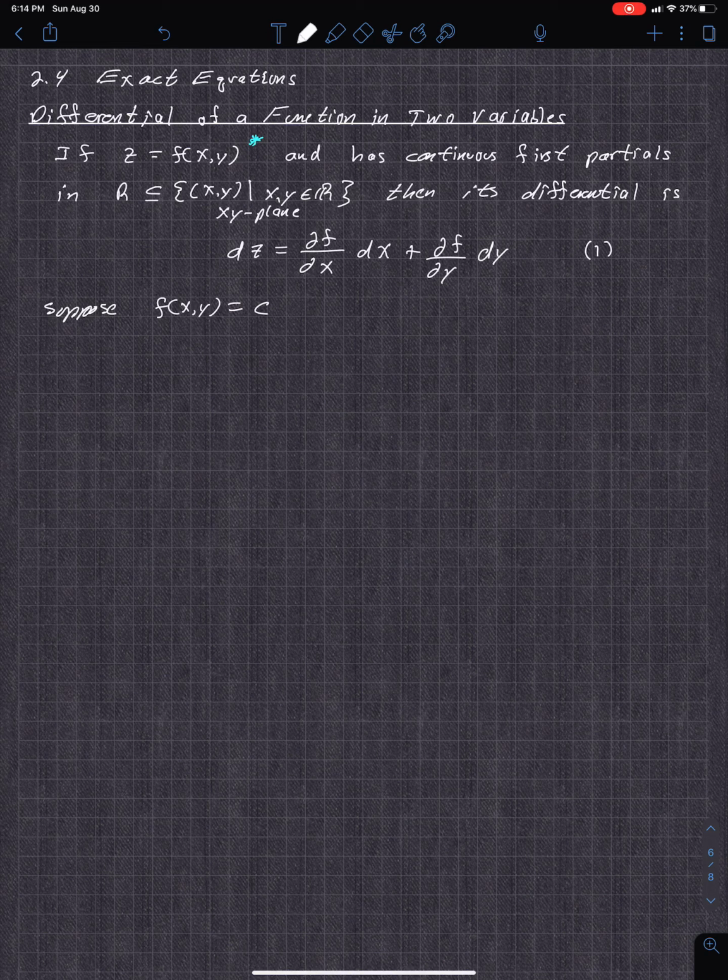So suppose c is real. That's a special case of z equals f of x, y, where we're saying it's held constant.